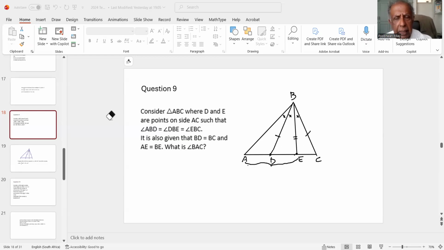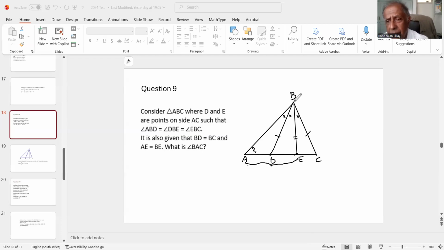Okay, now one of the things that strikes me, what is the angle BAC? So the question is, what is BAC? This is your question. What is that angle equal to? One of the things that strikes me is that you got an isosceles triangle here, and you got the vertex angle bisected. Now this is a very, very familiar scene.